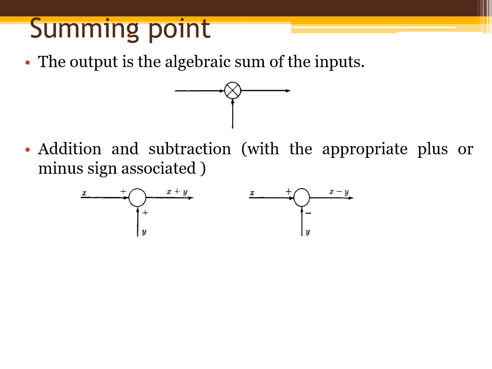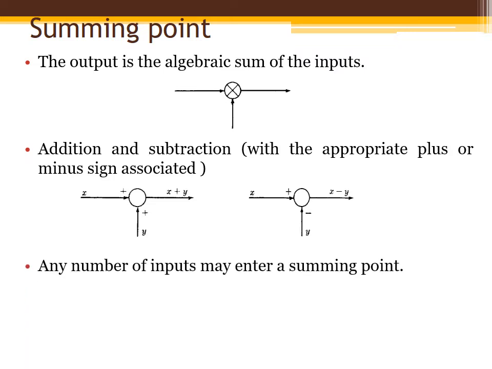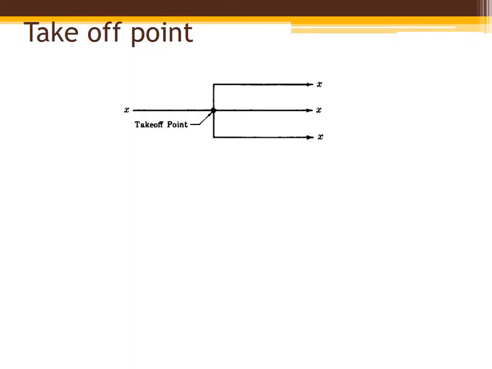Here X and Y both have positive signs, so at the output we get the addition X plus Y. In the second figure, X is positive and Y is negative, so at the output we get the subtraction, X minus Y. Any number of inputs may enter a summing point and we get a single output. So n number of inputs can be considered for addition.